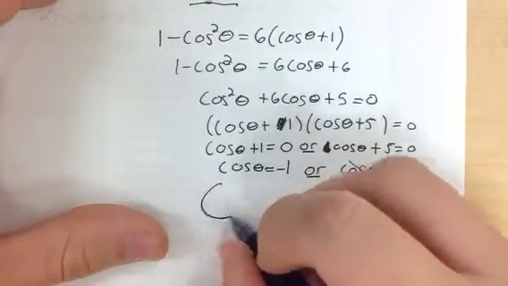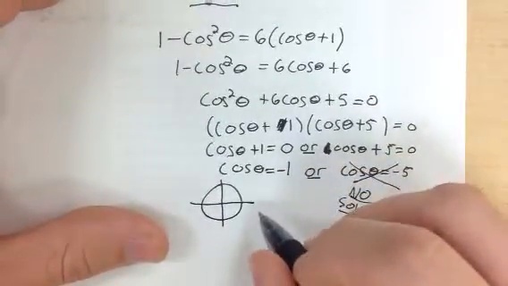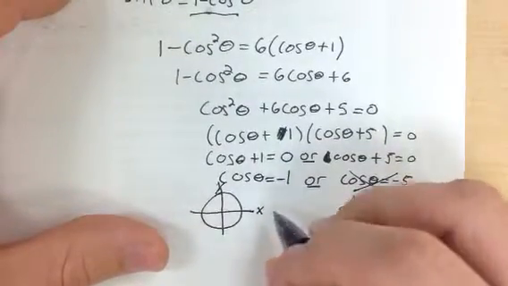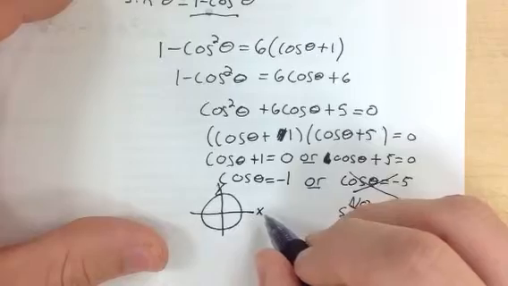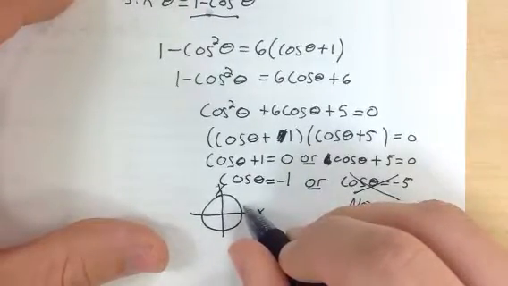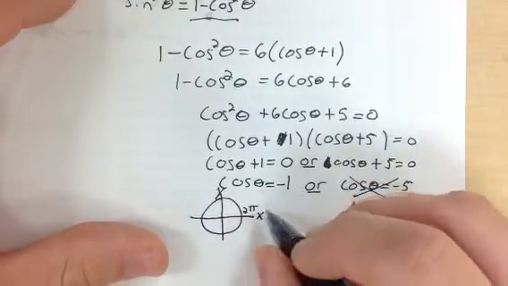So cosine is on the x-axis and sine is on the y-axis. So at the end of the unit circle at 2 pi, cosine equals 1.